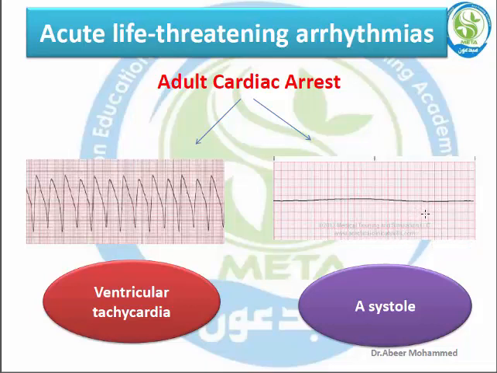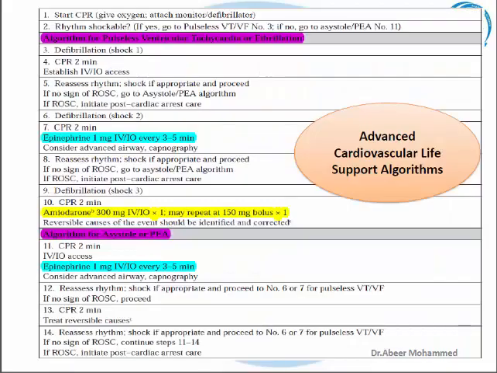That means amiodarone has no role in this case, we can just use CPR and epinephrine. وده الفرق بين ventricular tachycardia and asystole. In asystole we just use epinephrine, but in ventricular tachycardia or ventricular fibrillation we can use epinephrine and amiodarone.